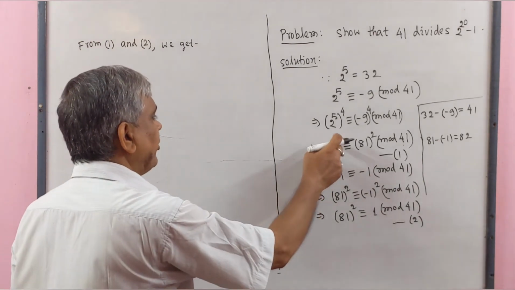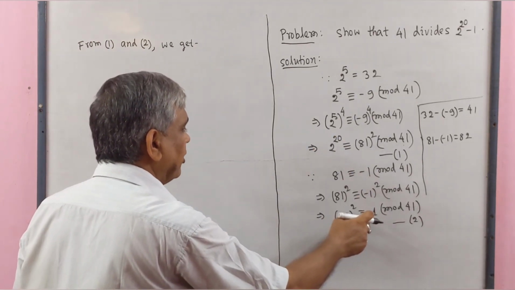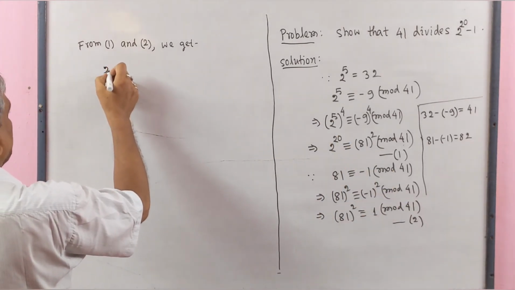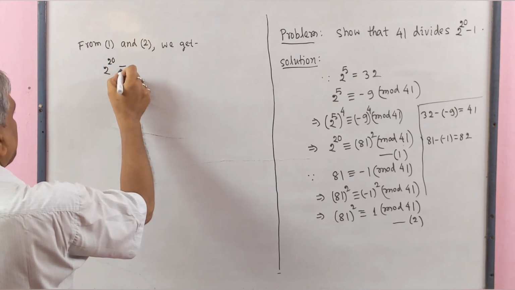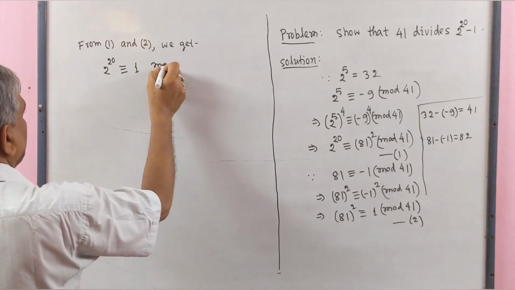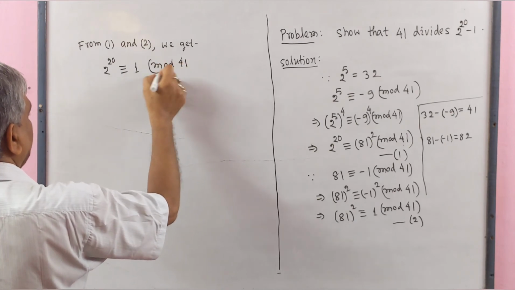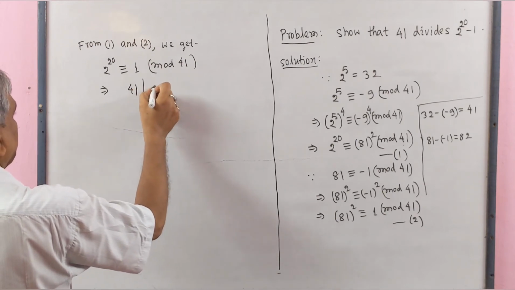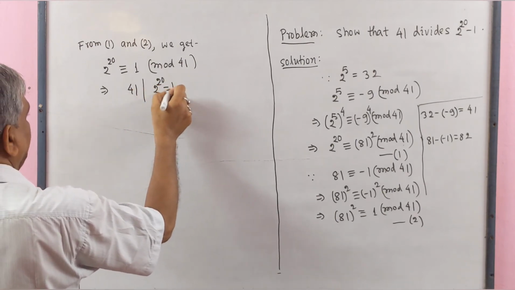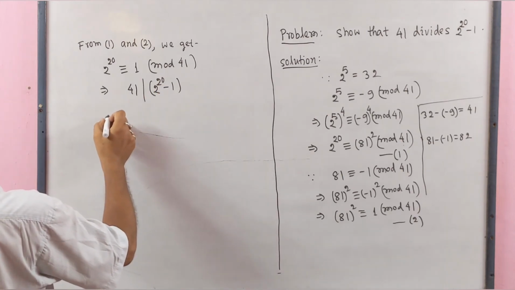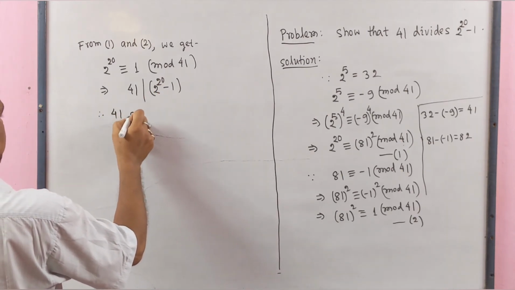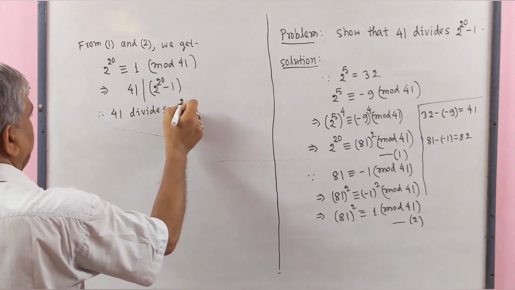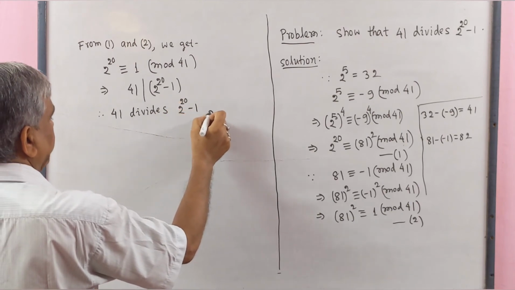Therefore 2 to the power 20 is congruent to 1 modulo 41, implies that 41 divides 2 to the power 20 minus 1. Therefore 41 divides 2 to the power 20 minus 1. Proved.